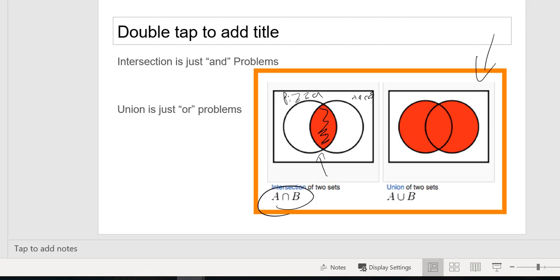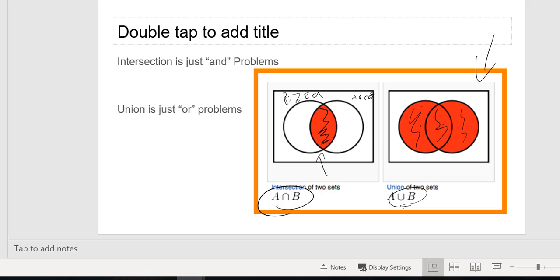This is what happens if someone likes pizza or tacos. They're over here or over here, for the people who just like their own individual one, and it also includes the middle. So everything in here. You're still adding, we're just doing it a different way.